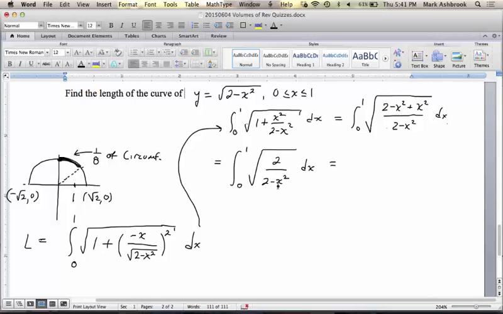No, because arc sine, okay? The derivative of arc sine is 1 over square root of 1 minus x squared. So this has to be a 1, or else it's not the derivative of arc sine. So that's going to be our trick. We're going to have to make that into a 1.